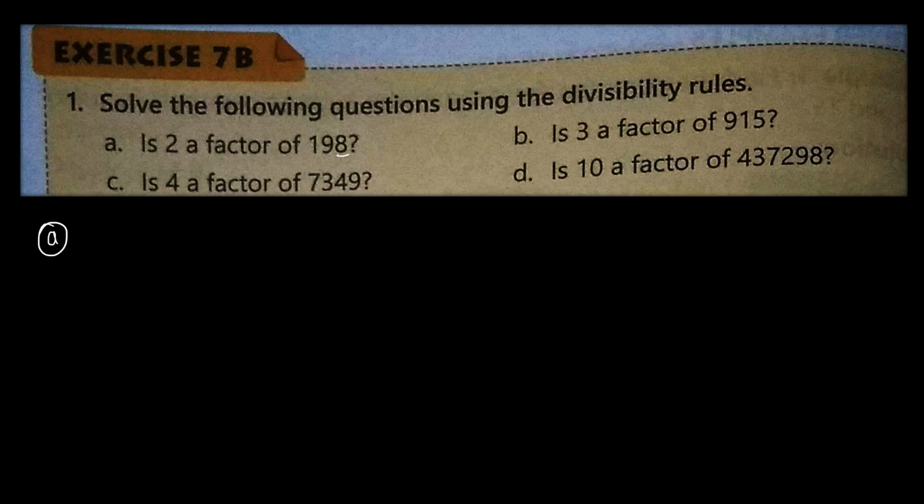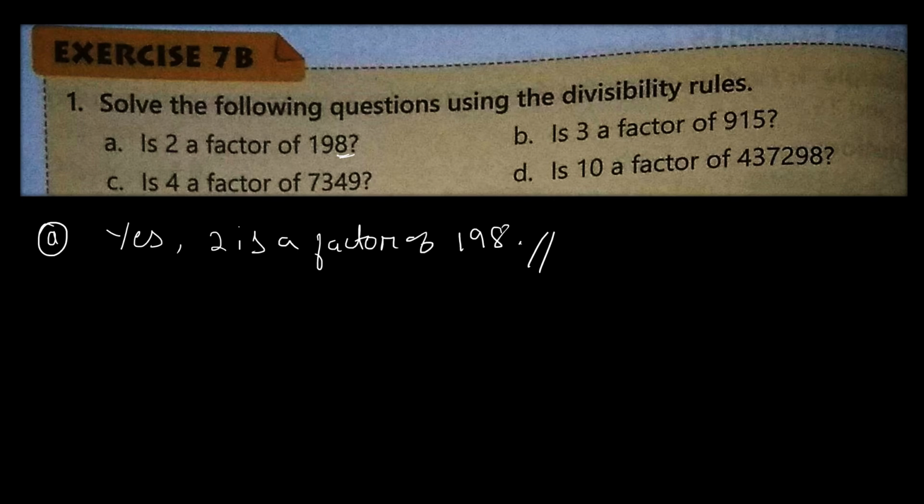So we all know that if the last digit is 0, 2, 4, 6, 8, that means the number is divisible by 2. So yes, 2 is a factor of 198. Done. Very easy.